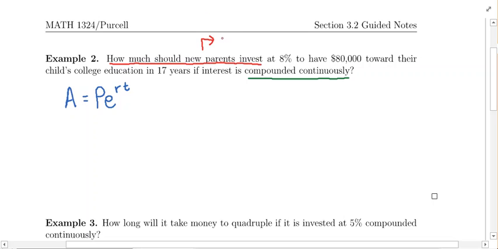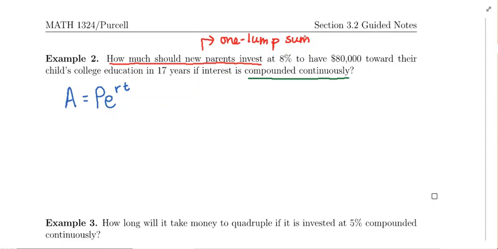It's implied here, if you read it, that this is one lump sum that they will be investing at 8% for 17 years, and they want that money to have grown through interest to $80,000 after the 17 years. So here we're saving money, it's one lump sum, and the interest is compounded continuously.